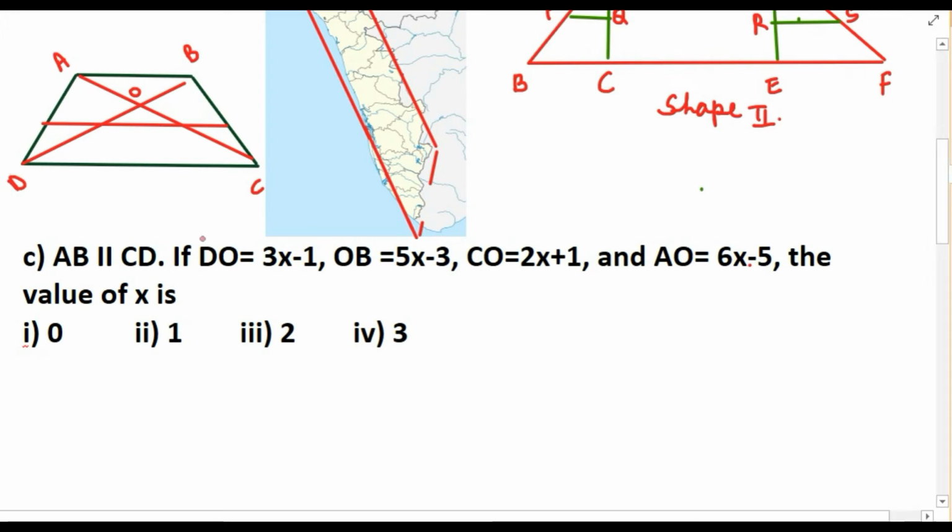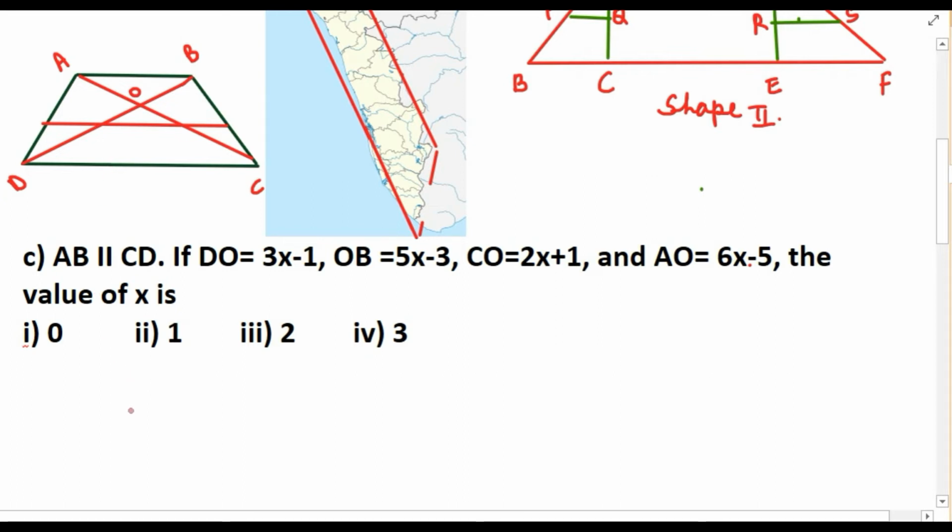Again they have given AB is parallel to CD, DO equal to 3x minus 1, OB equal to 5x minus 3, CO equal to 2x plus 1, AO equal to 6x minus 5. We need to find the value of x. We need to refer to shape 1. They have clearly told that for 3 questions you need to refer to shape 1. So this is shape 1.